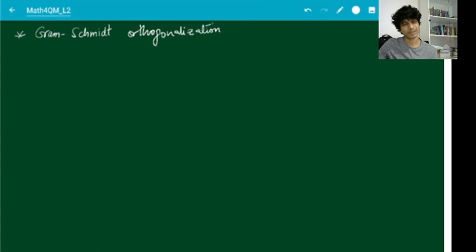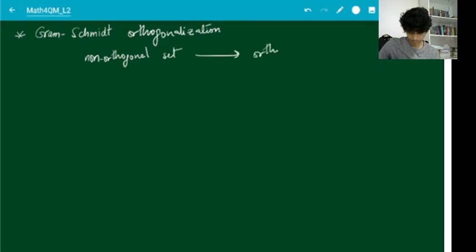I'm not sure if we discussed this in math methods, and I don't know if we are really formally going to use this a lot. I'll just discuss it qualitatively. What this does is it takes a non-orthogonal basis set and converts it into an orthogonal basis set.